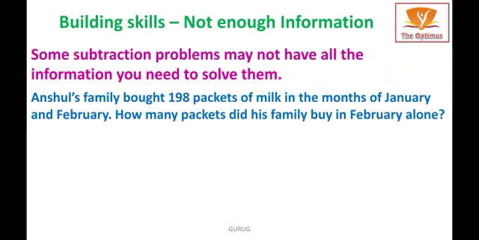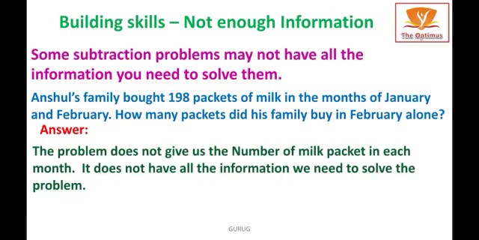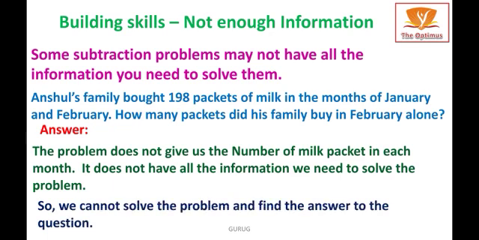Answer: the problem does not give us the number of milk packets in each month. It does not have all the information we need to solve the problem. So, we can't solve the problem and find the answer to the question. Is that correct? So, we can't find out the number of packets in February alone.